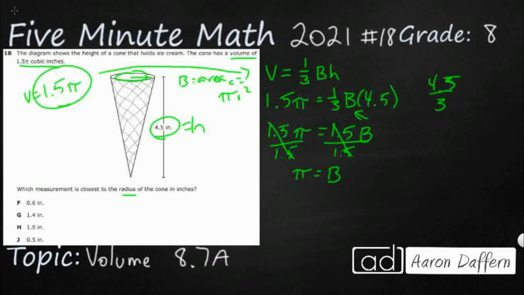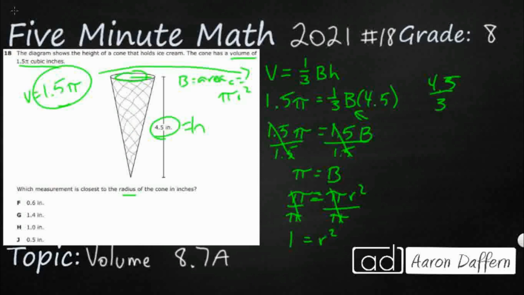So I'm going to replace this with my base, pi r squared. Okay, so now I'm going to divide both of these sides by pi. And what do I get? I don't get 0, I just get 1. So r squared equals 1, because pi over pi makes 1.